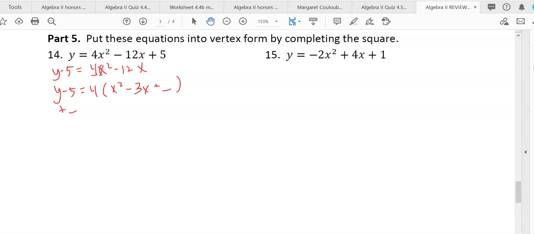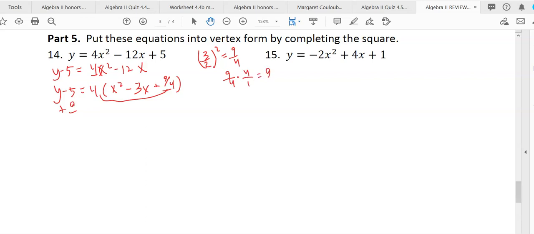So half of 3 halves, squared, would be 9 fourths. So to add 9 fourths to the other side, because remember this is being multiplied by 4. So let's do that. 9 fourths times 4 is actually, the 4's cancel, just 9.